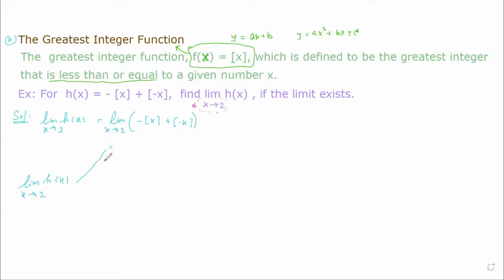So this equals the limit, just slide the whole thing down here and copy it down. Now x approaches 2 plus, because we are going to do it from the right-hand side.